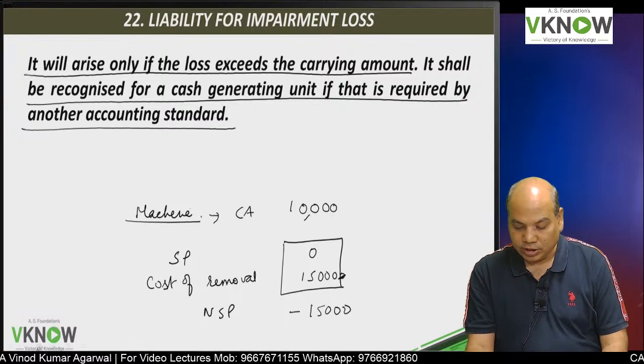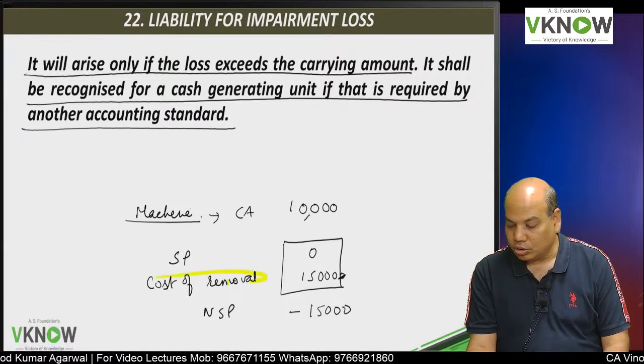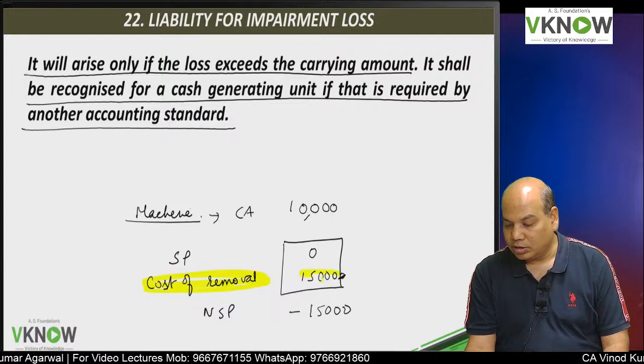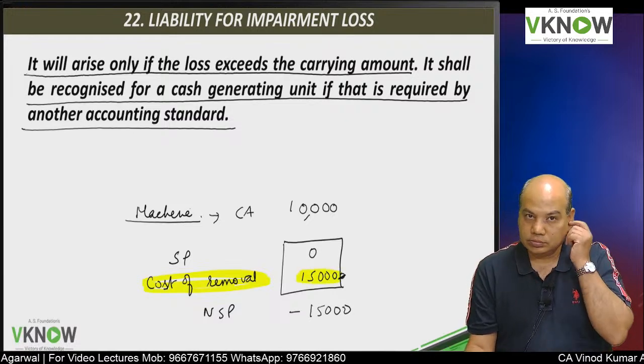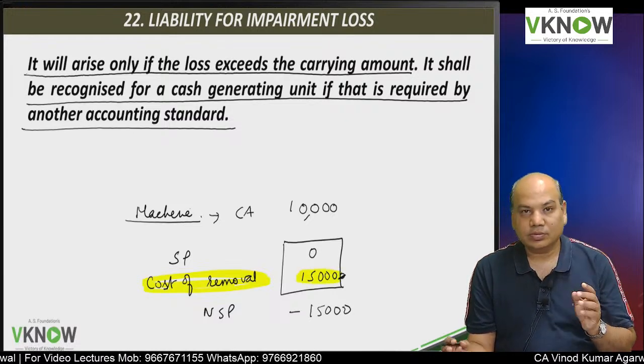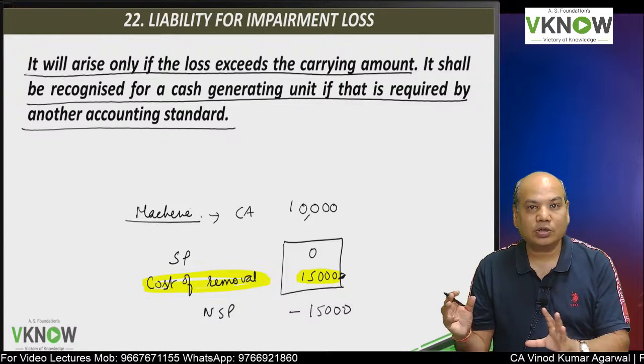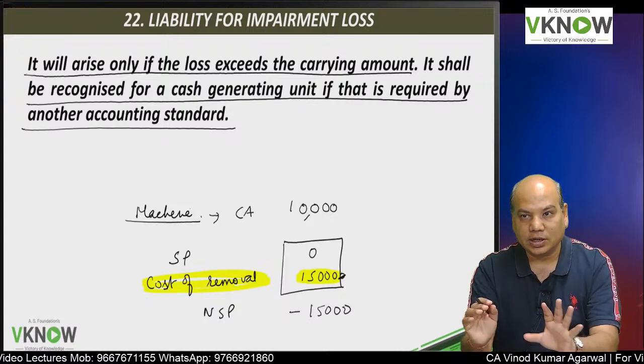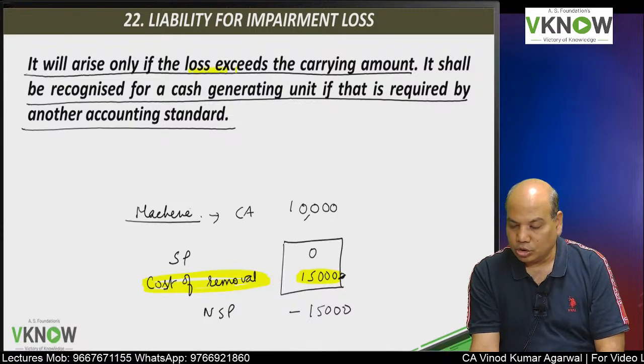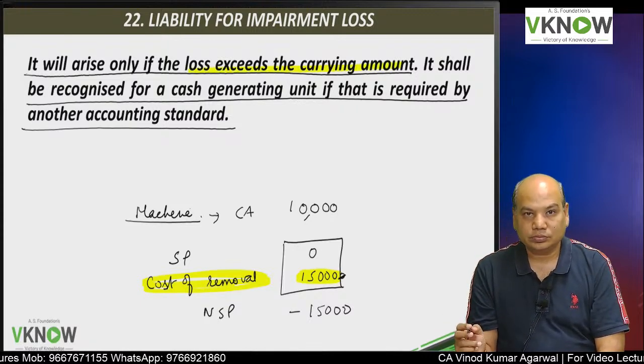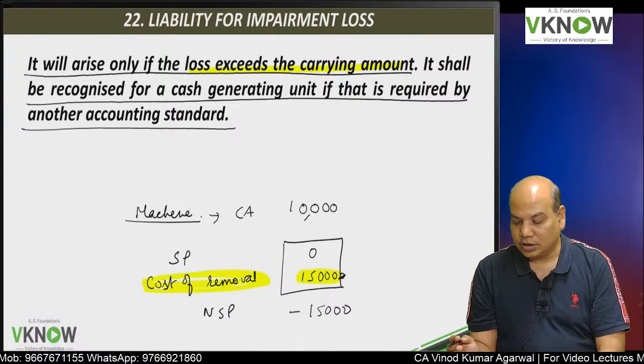So sometimes we might have to incur some liability for removal. We might have a commitment that we will remove it, and that might cost 15,000 even though the selling price is 0. So the loss exceeds the carrying amount.